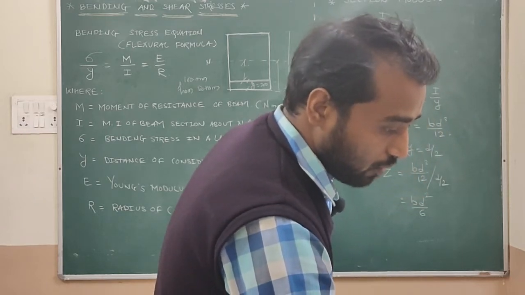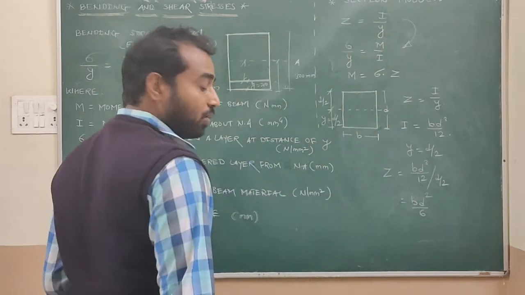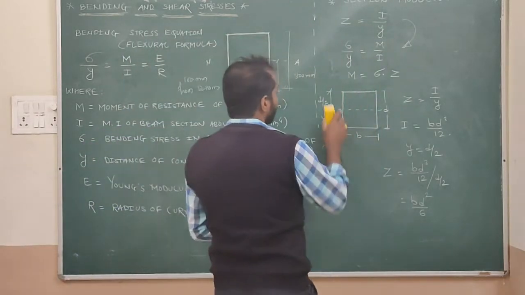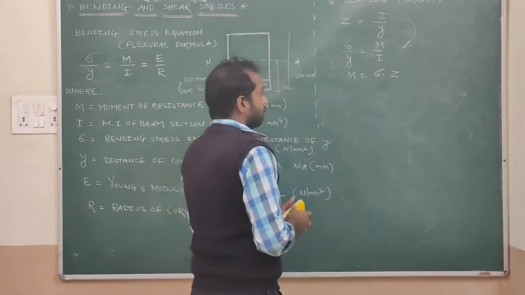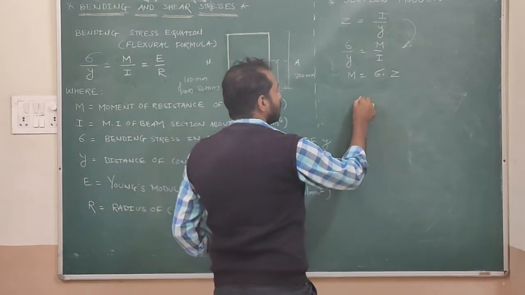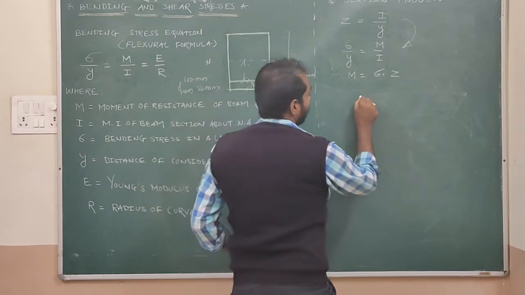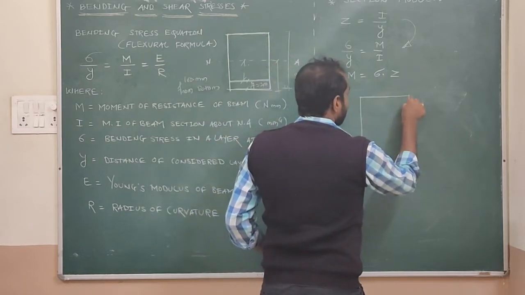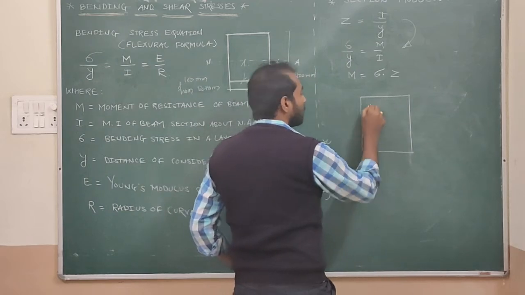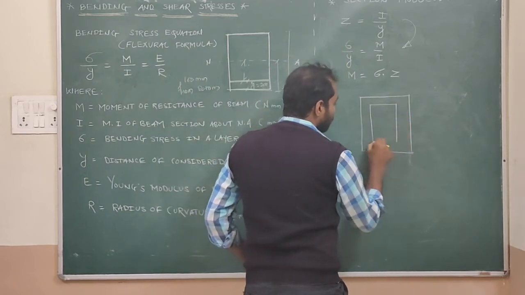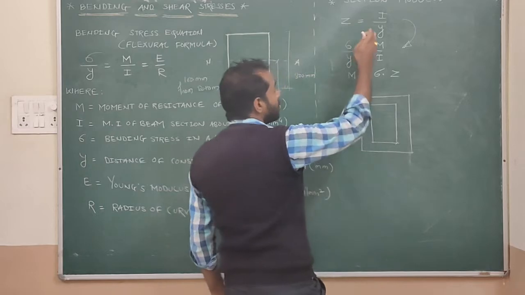Now next, if in the numerical a hollow rectangular section is given, you need to use the simple formula, that is Z is equal to I by y.